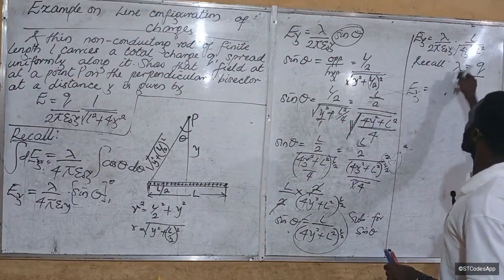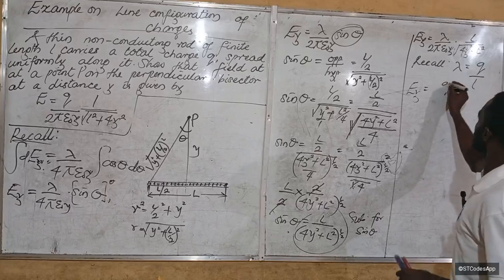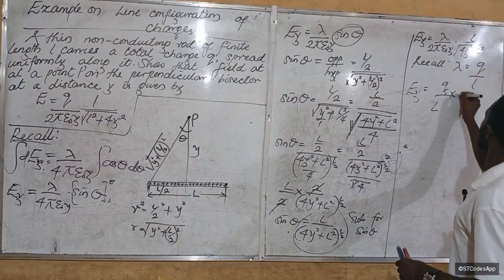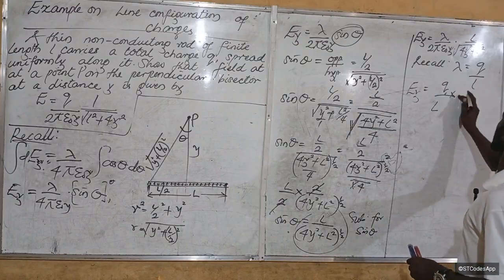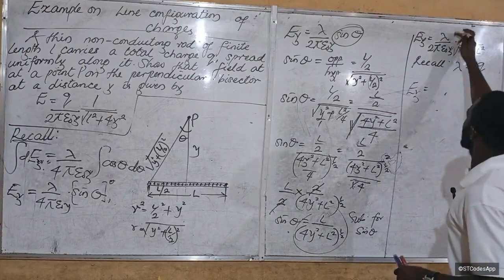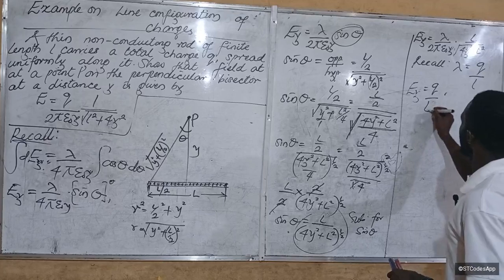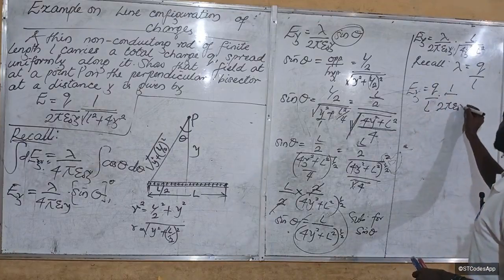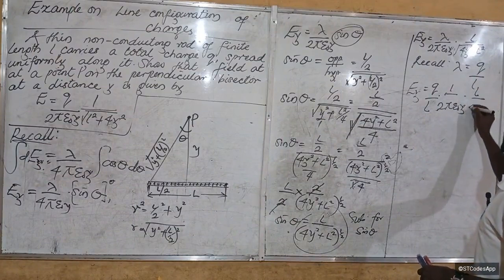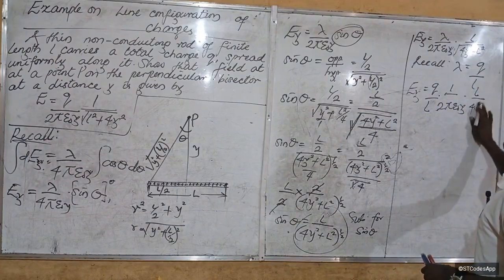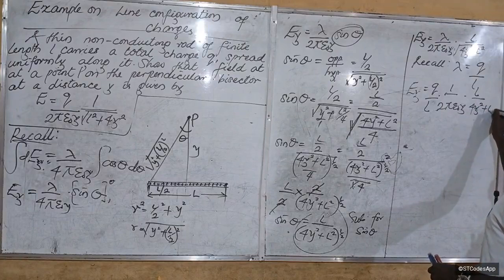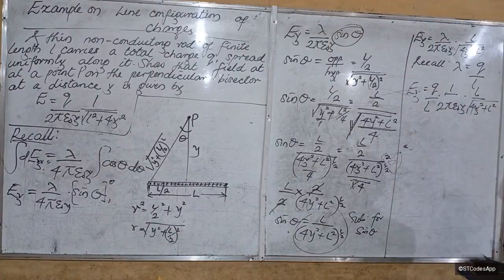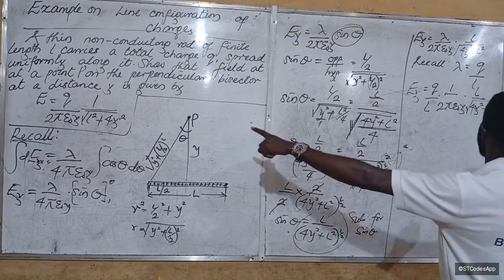We need to replace charge density. So we have Q over L multiplied by 2, multiplied by 1 over 2 pi epsilon naught y dot L over the square root of 4y squared plus L squared. Okay, yes. So it's now looking like it.